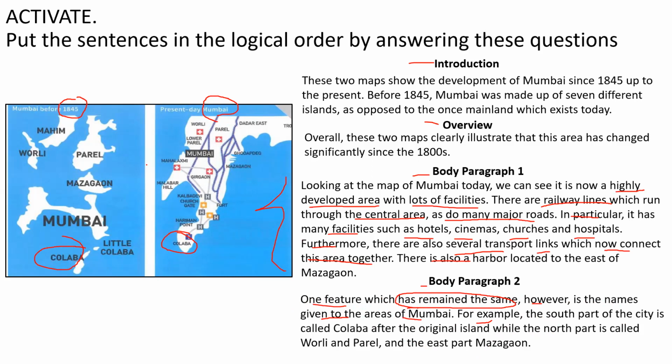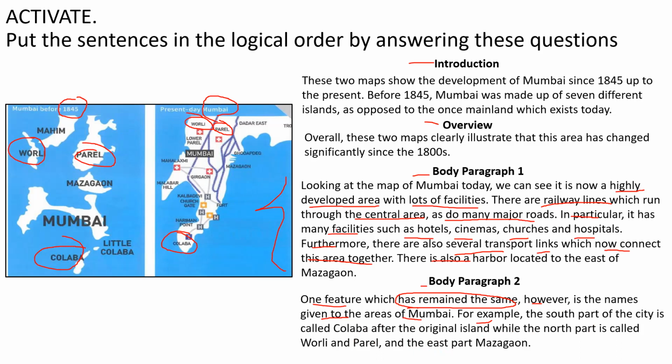So the north part is called Worli. And Worli and Parel. All right. And the east part of Mazagon.